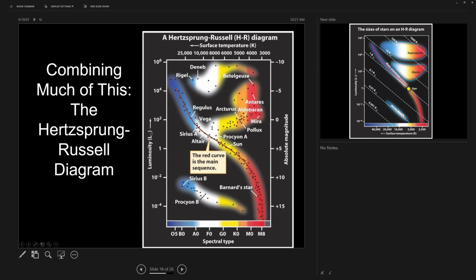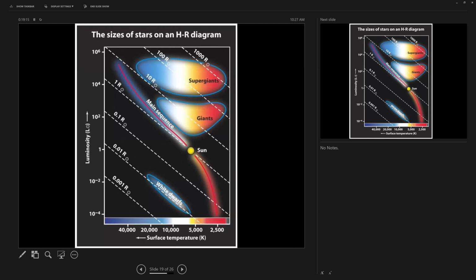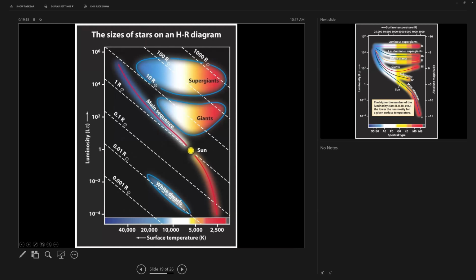And then up here you've got things like red supergiants and other red subgiants. You can also plot the sizes of stars on the Hertzsprung-Russell diagram as well. They've got a logarithmic graph down here for the temperature. I'm not sure there are stars with 1,000th the radius of the sun or not.